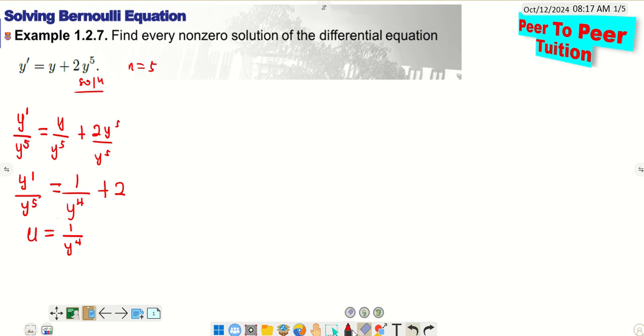From here, we can do some substitution. What you have to do is to differentiate this and also differentiate this. We are differentiating both sides with respect to t.